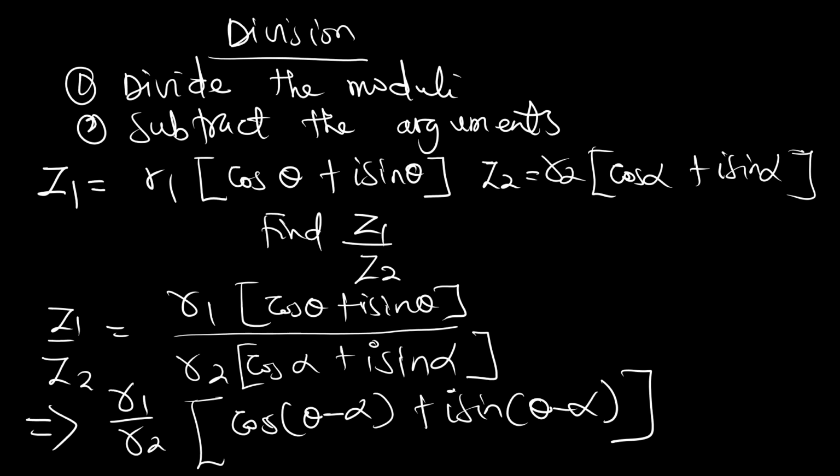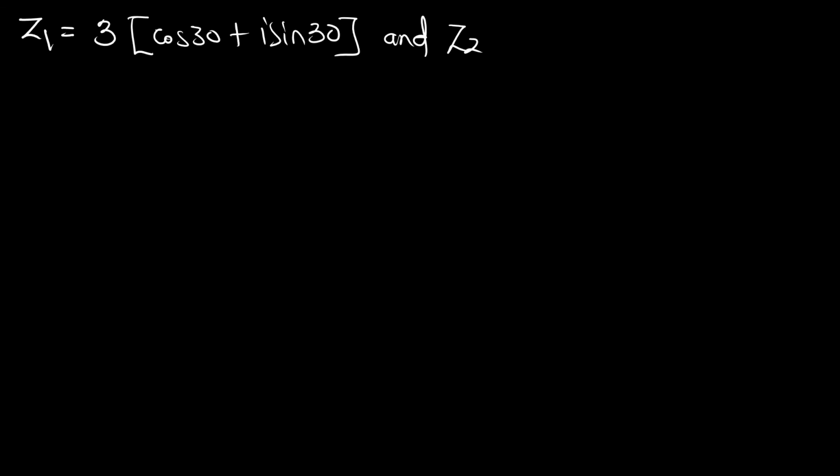Let's use the previous example that we used. So let's say we have z1 to be 3 multiplying cos 30 plus I sine 30, and z2 equals 4 (cos 60 plus I sine 60).